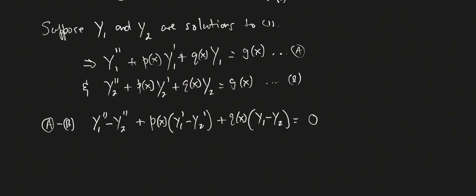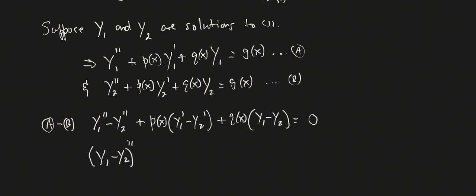Because of our properties of derivatives, in particular the difference rule, if you're taking the derivative of a sum, you can take the sum of the derivatives, that would be the sum rule. But if you're taking the derivative of a difference, you can take the difference of the derivatives. Same thing for repeated differentiation. So here, I can think of this as (y1 minus y2) double prime.